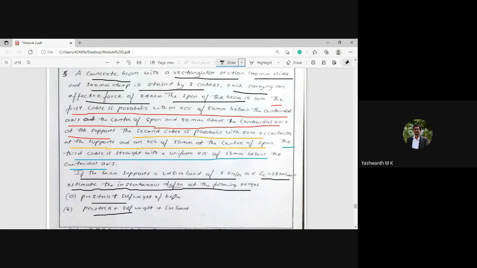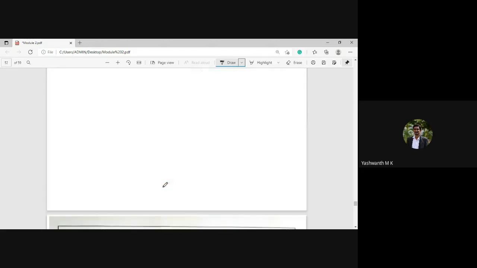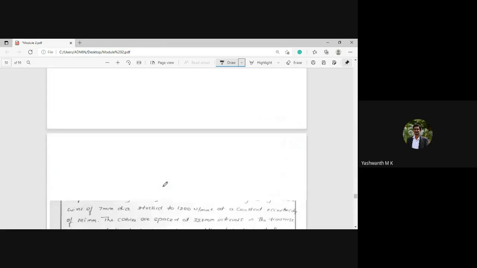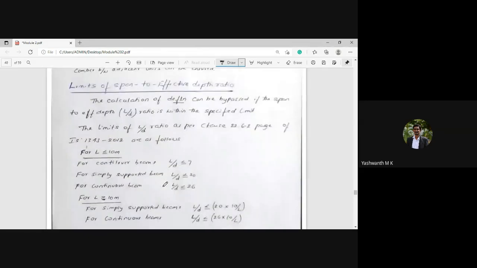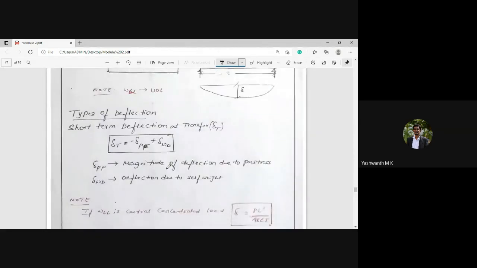As I have discussed in the formula, you can see this will be the short term. That means there are two types of deflection. Short-term deflection at transfer is the deflection due to pre-stressing force plus deflection due to the dead load.